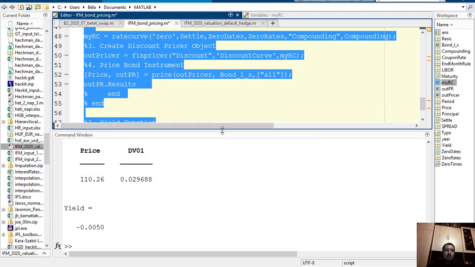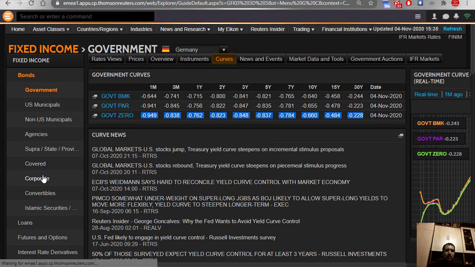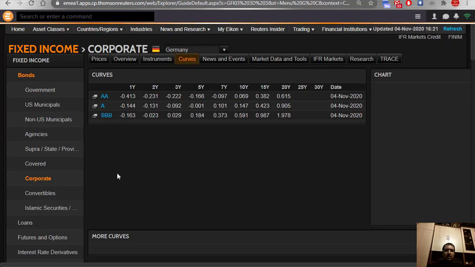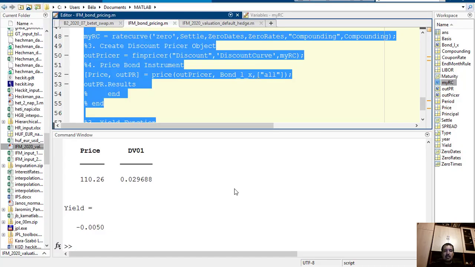So, what can we say about this bond? Can we sell a bond like this on the market? If you are looking at corporate bonds in Germany, we can see that for 3-year bonds, the yield is supposed to be 0.18. We are a bit far away from this level.